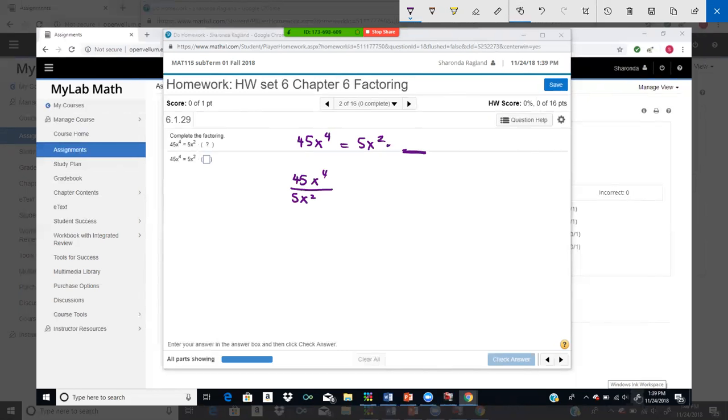In order to solve for the unknown, we divide both sides by 5x squared. And so now we have to simplify. Numbers you treat as numbers. 45 over 5 reduces to what? 9.